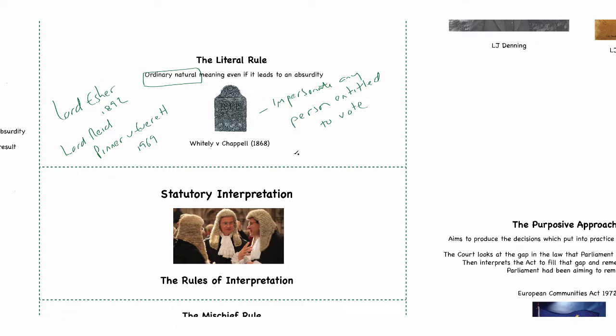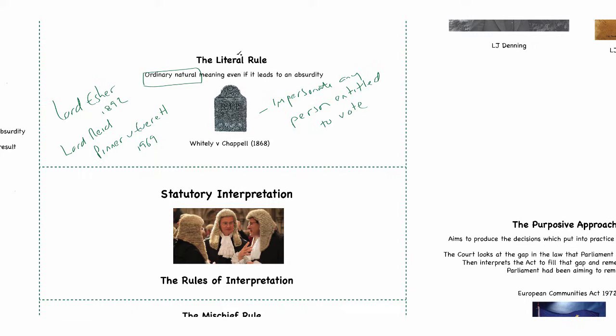Okay, so the statute made it an offence to impersonate any person who was entitled to vote. The defendant used the vote of a dead man. Now, a dead man, of course, is not entitled to vote because he's dead. The statute, or the law relating to voting rights, requires a person to be living in order to be entitled to vote.